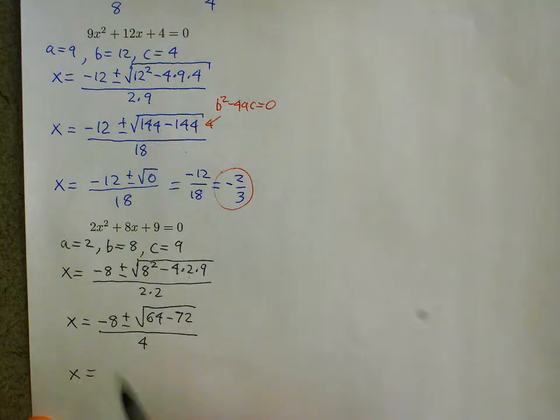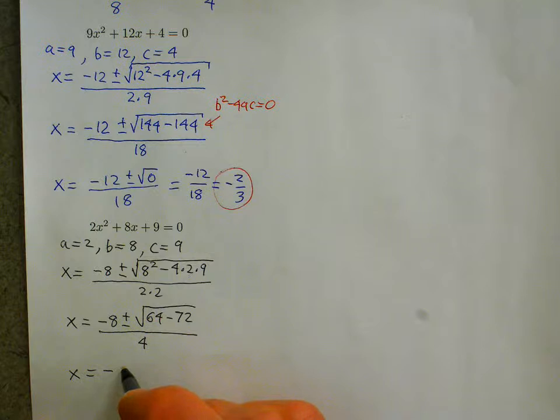So this time we have a negative discriminant. X equals negative 8 plus and minus the square root of negative 8, all divided by 4.